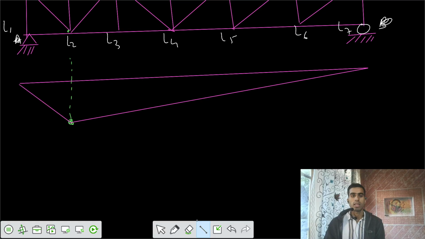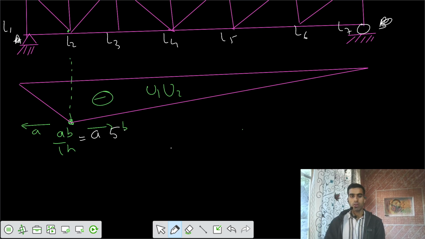The peak develops here, with value AB by LH, negative, for the member U1, U2. Now your A value is A, B value is 5A, L is 6A, and H is H.